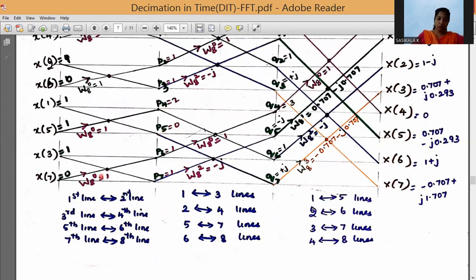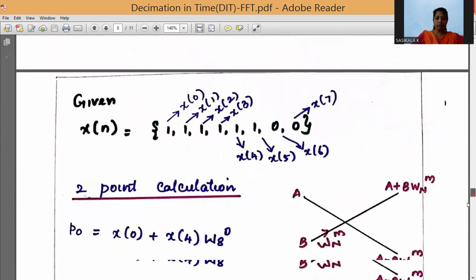And come to the fourth butterfly. Here the inputs are X of 3 and X of 7 and the outputs are P6 and P7. So P6 equal to X of 3 plus X of 7 into the twiddle factor, and P7 is X of 3 minus X of 7 into the twiddle factor. So go here.